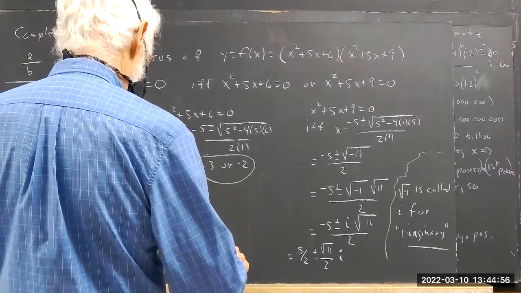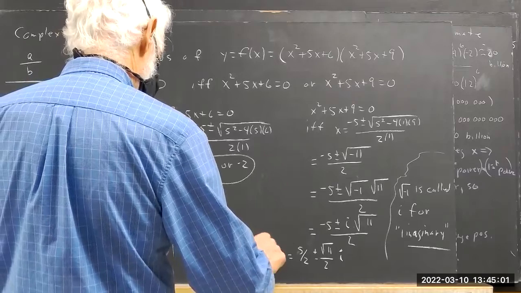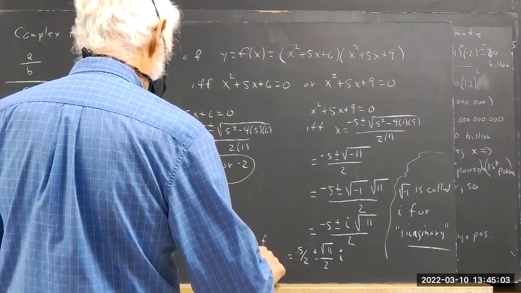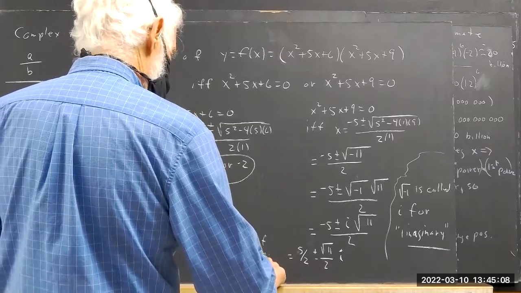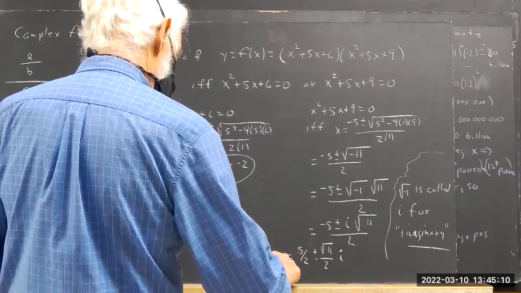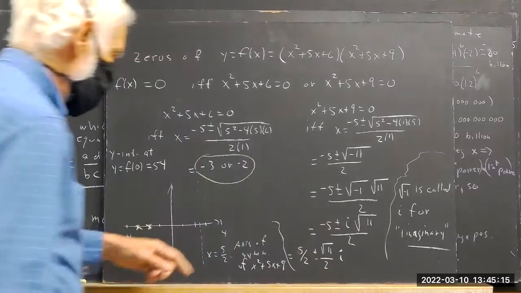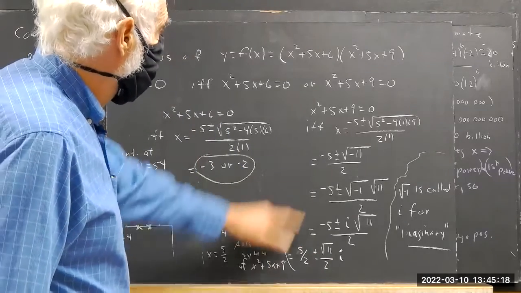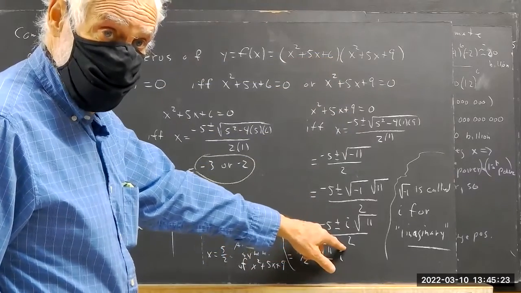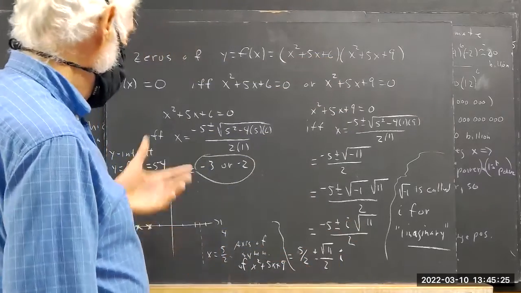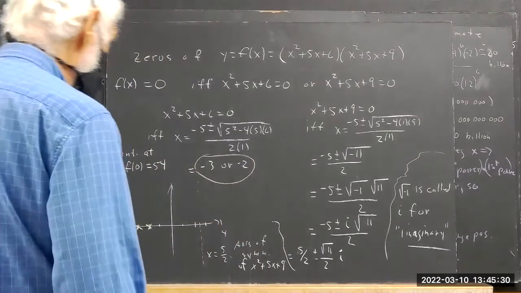Actually, it's 2.5, the axis of symmetry of your x squared plus 5x plus 9 function. Because right there it is. Now, the zeros here are imaginary, so the graph is not going to go through the x-axis anywhere over here.